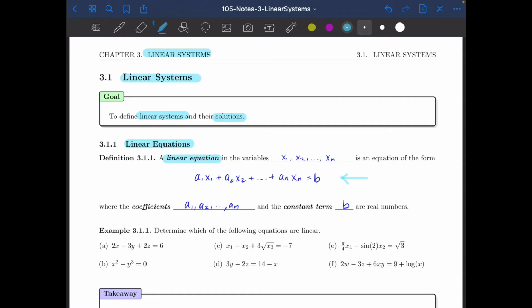So this is what a general linear equation looks like.